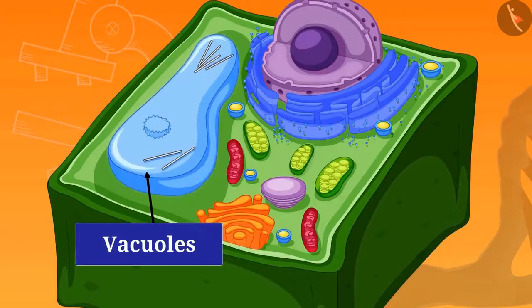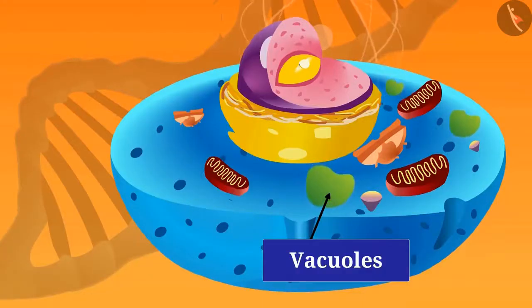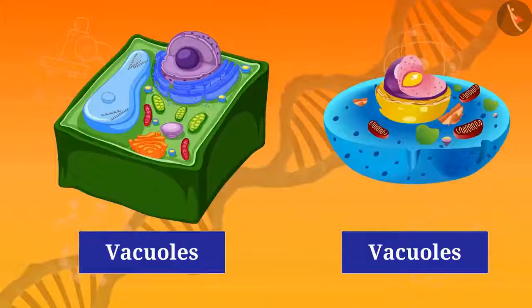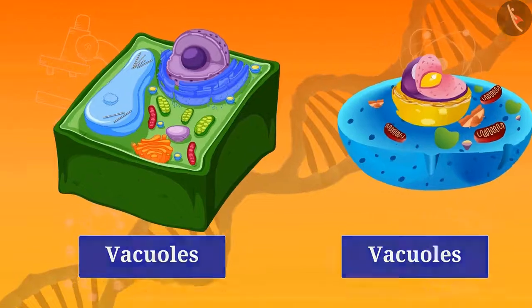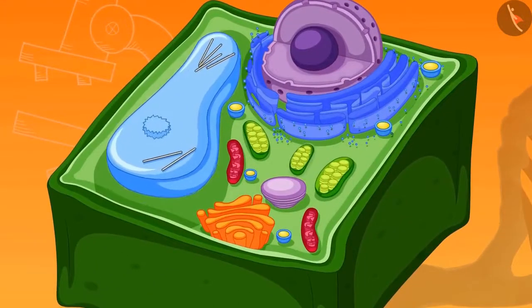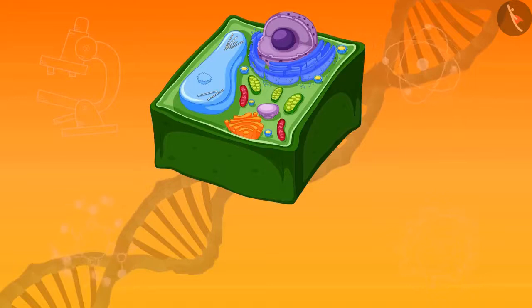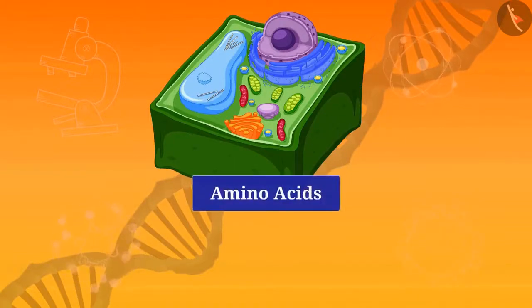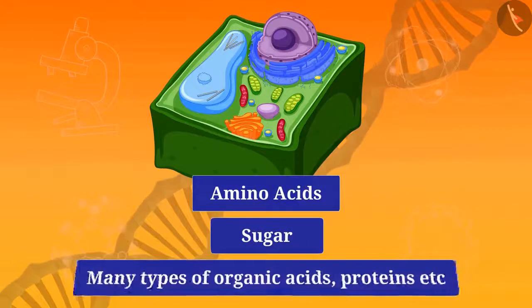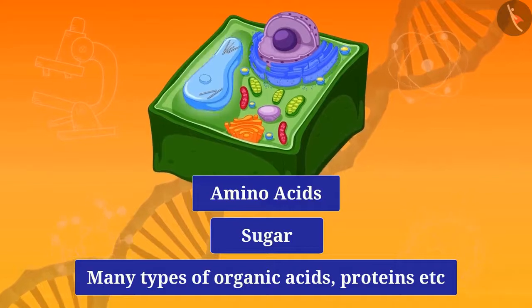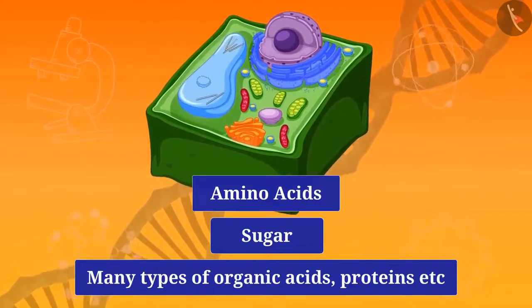So friends, now we will know about the next cell organelle, vacuoles. Friends, do you know where all necessary substances are stored in the cell? Yes, in the vacuoles of the cell. A vacuole is a collector of liquids and solid substances such as amino acids, sugars, many types of organic acids, proteins, etc., which are very essential substances for plants.